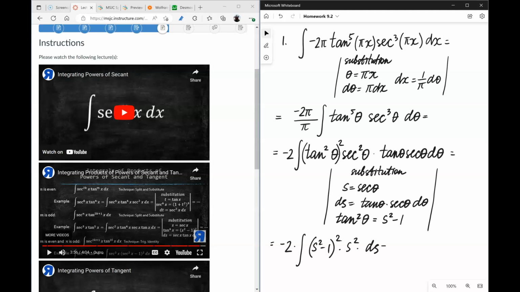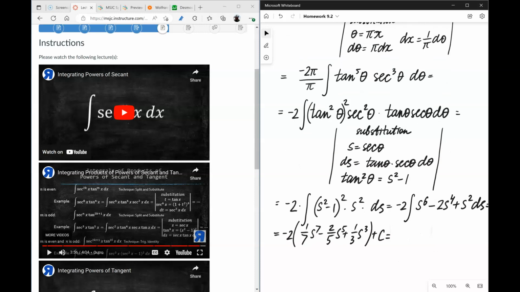And this is a simple integral. What I'm doing right now is just distributing everything and writing this polynomial in standard form: s to the power 4 multiplied by s squared is s to the 6, minus 2s to the 4 plus 1, which is s squared, ds. Now the answer is negative 2/7 s to the 7 minus 2/5 s to the 5th plus 1/3 s to the 3rd.